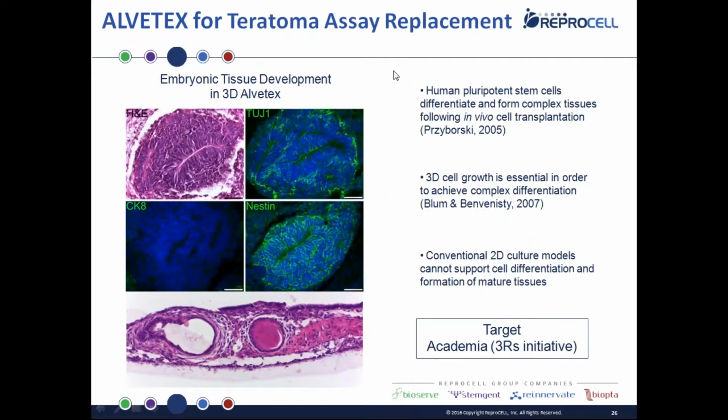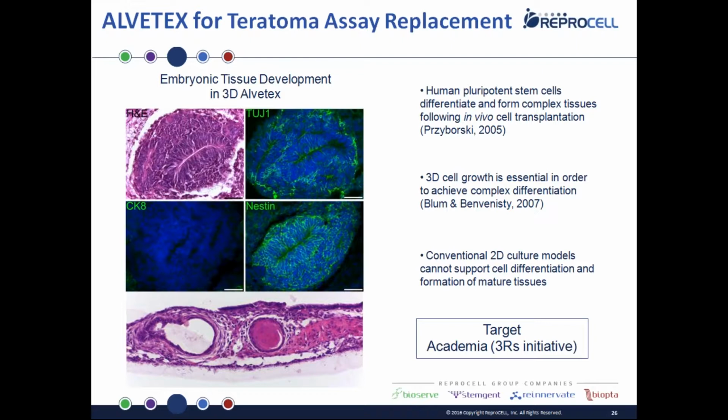Right. So the other one which can be of interest to industry, and this is more for ethical concerns now, which are becoming more and more important because customers want animal-free testing, is Alvetex for teratoma assay replacement. A teratoma assay is one of the benchmarks for knowing whether the cell line you've got can be called a stem cell.